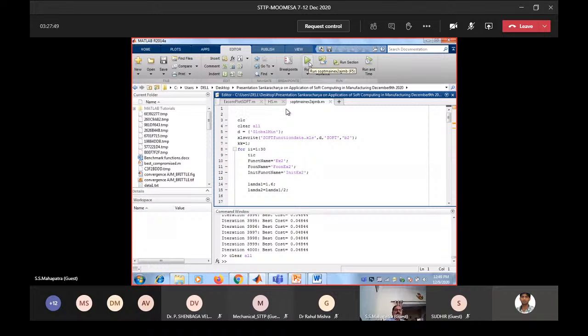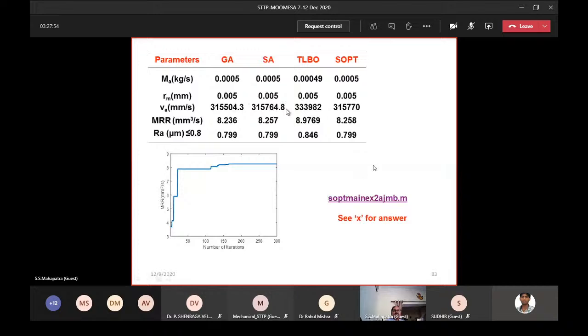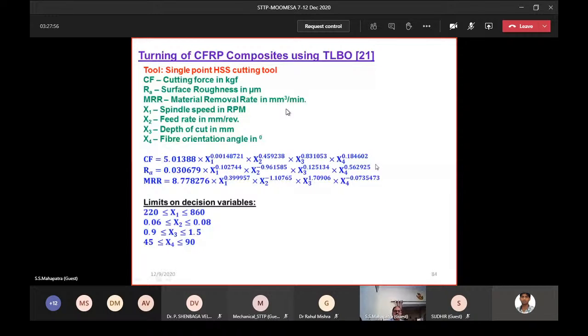Similarly, turning of carbon fiber reinforced plastic composites has been solved using TLBO. Here the tool used is the single point HS cutting tool.